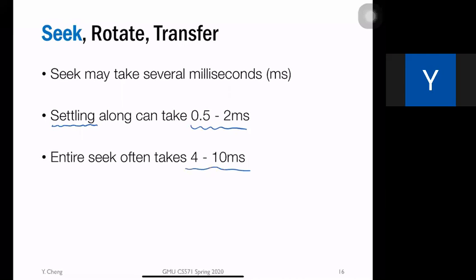So these are empirical results, so we don't need to calculate it on our own. It's always given, empirically measured at 4 to 10 milliseconds. Okay, so this is the very first factor, seek latency.